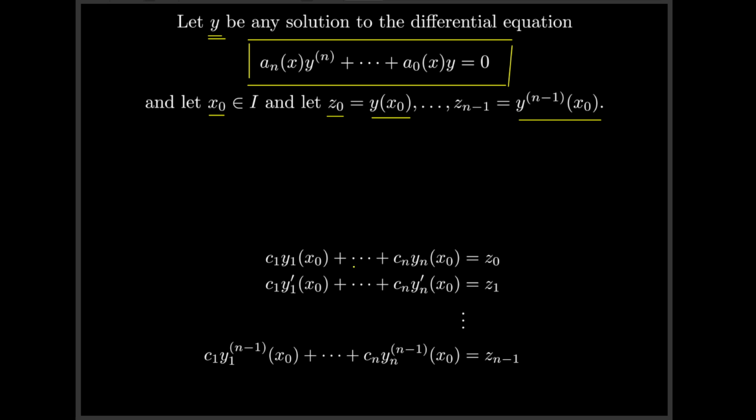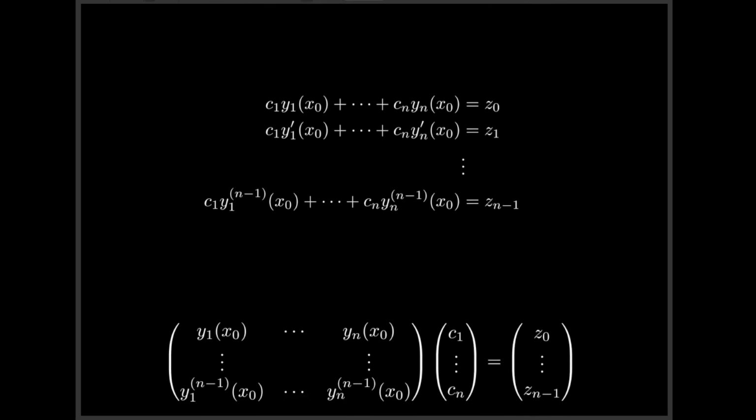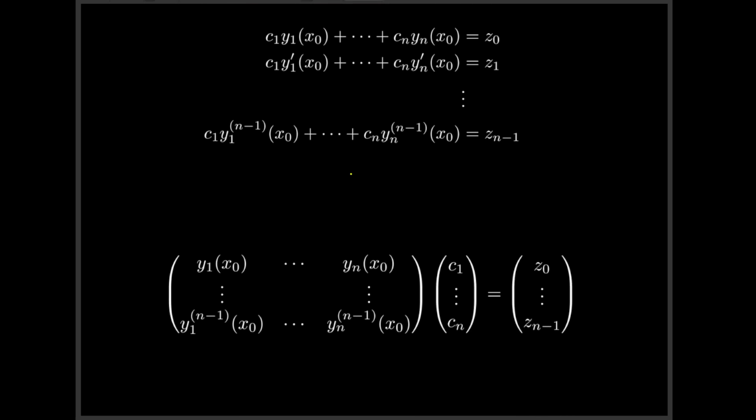And we want to consider a linear system, which is this one here. Okay, now why are we considering this linear system? Because we can solve it. So this linear system becomes this equation for matrices.